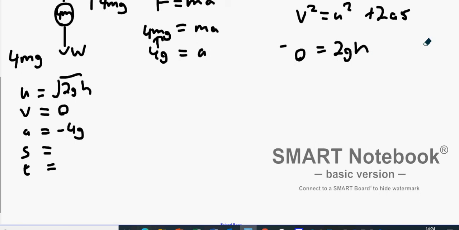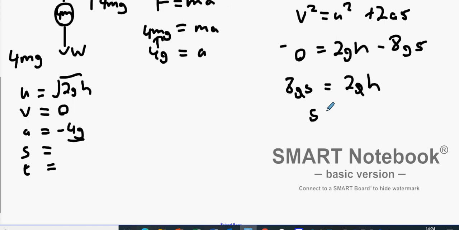Acceleration is negative, remember, so it's going to be minus 8gs. 8gs equals 2gh. The g's cancel, and s is going to be 2 over 8h, h over 4. So they're different amounts. This one doesn't penetrate as much as it turns out.